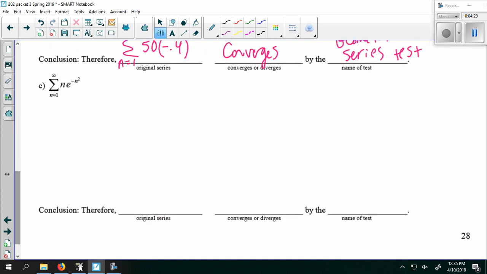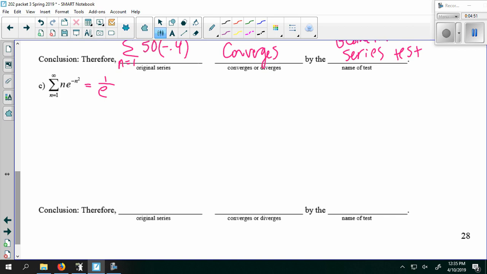Okay, the sum from n equals 1 to infinity of n e to the negative n squared. If I write out a few terms here, if I put in n equals 1, I get 1 over e to the negative 1, which is 1 over e, right?